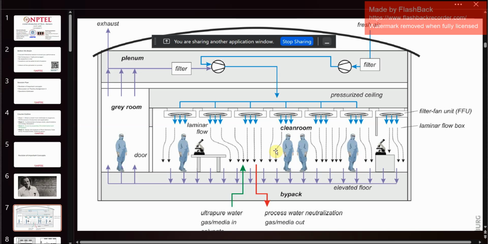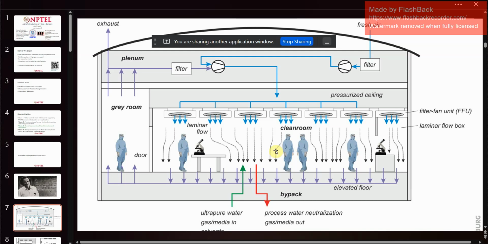So clean room has everything. You can see here, there is a gray room. Then you have to wear the PPE kit. The dust will be taken away from your body using this vacuum kind of structure. Then you enter into the clean room area. Here the airflow will be designed such that the dust is minimized to the maximum.